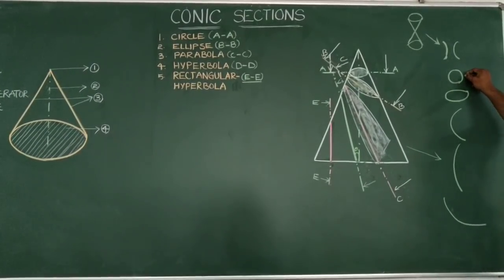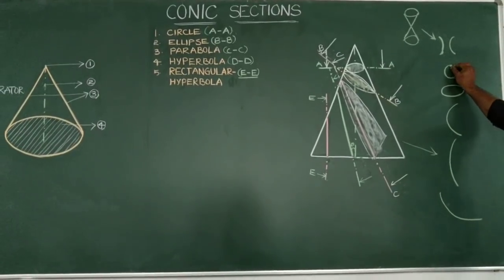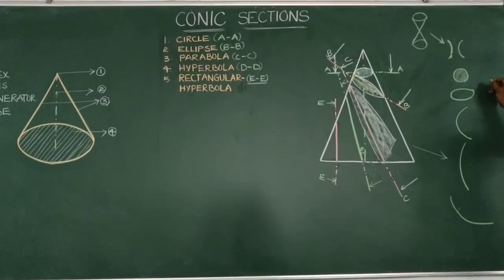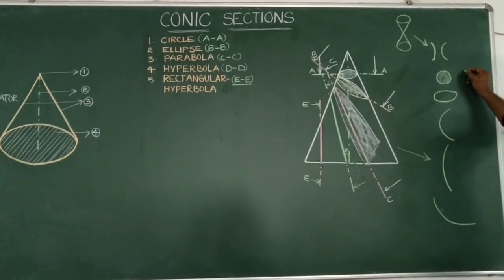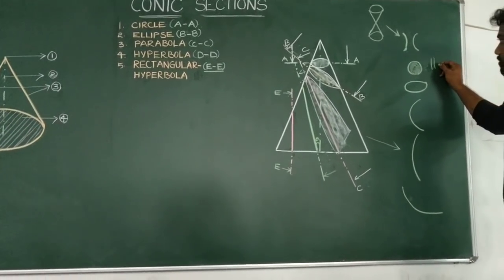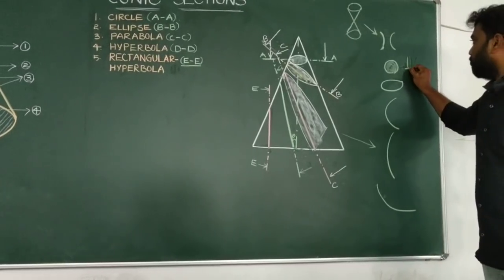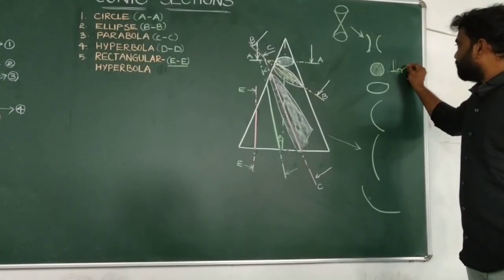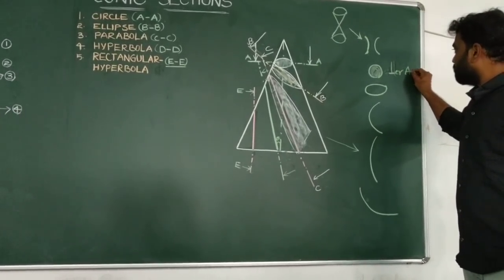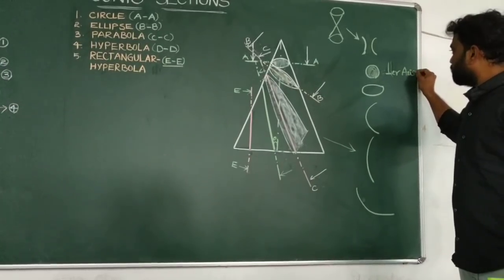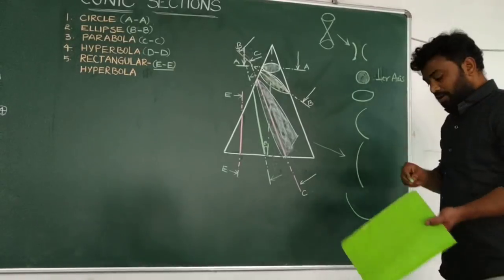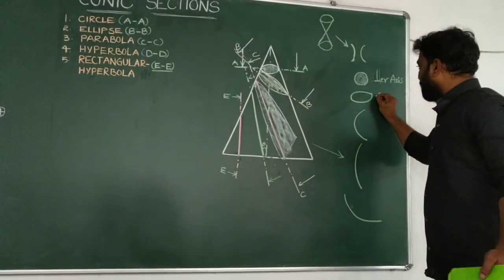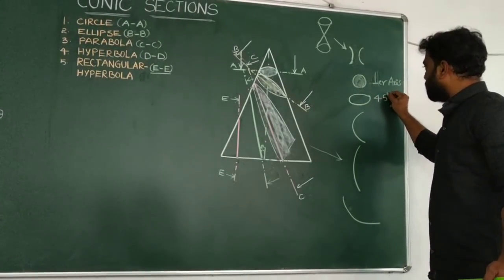The position of the cutting plane to obtain circular shape, that is perpendicular to the axis of the cone. And if you come into the ellipse, this one is making 45 degrees inclined to the axis.